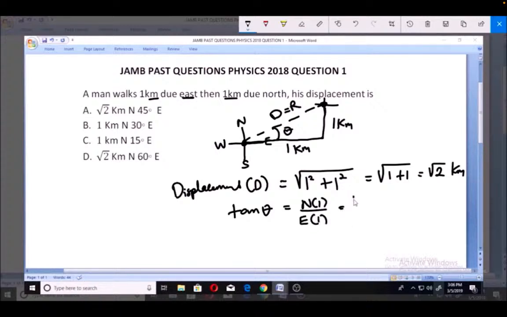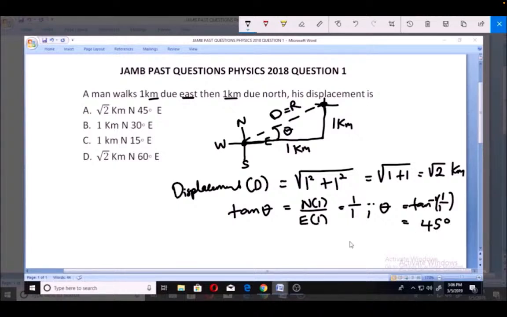So you have 1 over 1. And if you want to make theta the subject of the formula, theta alone will now be equal to inverse tan of 1 over 1. And the inverse tan of 1 over 1 is what? 45 degrees.